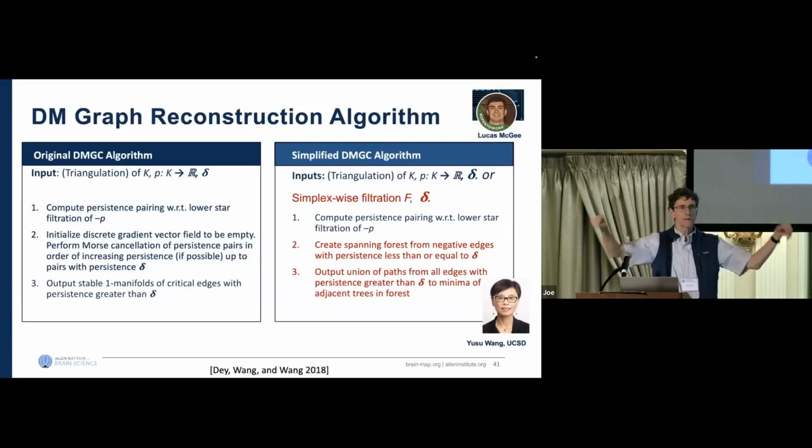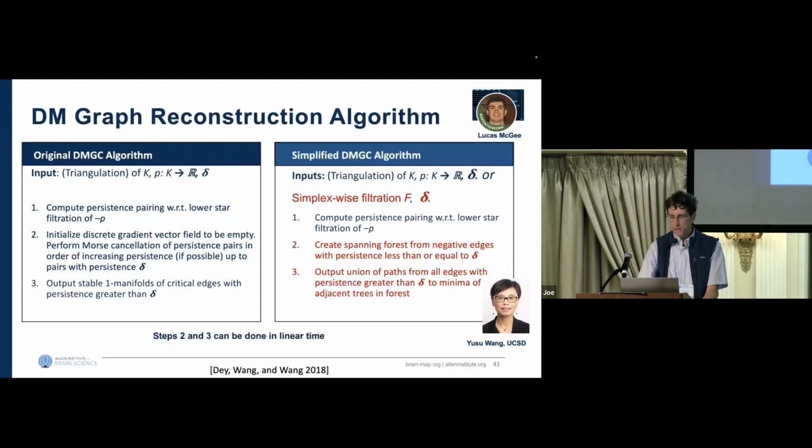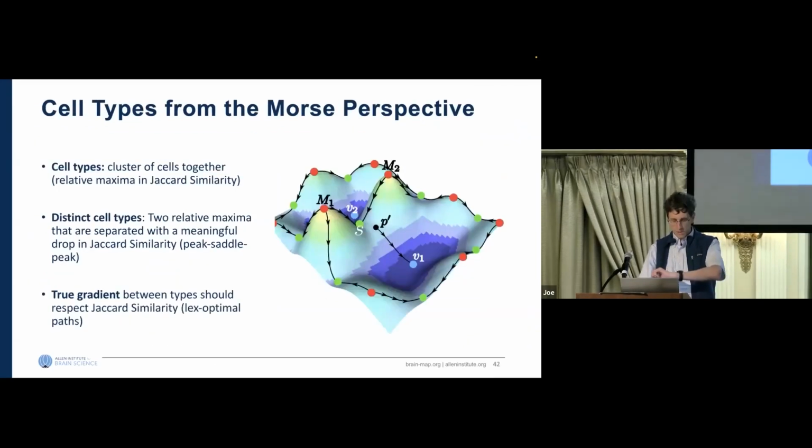Just like in 3D, when I go hiking, if I really want to know where the problems are, I just have to follow the gradient up and down ridges in between peaks, valleys and saddle points. You can do the same thing in these high dimensions by extracting this one-dimensional manifold from the Morse structure, okay?